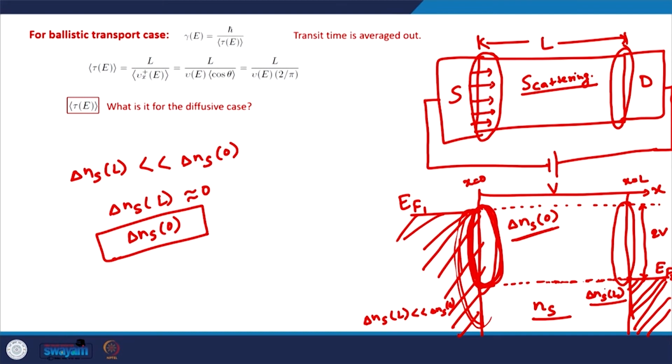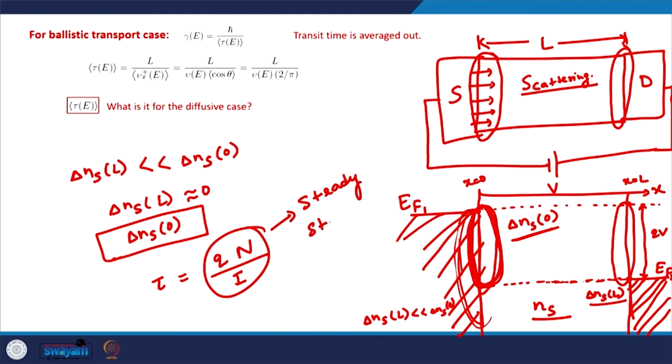Now please recall that we need to find out tau, which is essentially q times N divided by I in steady state. This is what we need to find out.